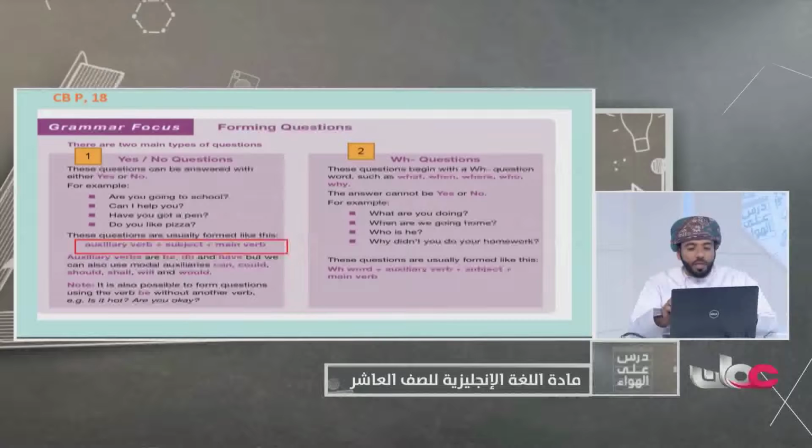Look at the beginning of these words. They start with what? With the letters WH: WH in what, WH in when, in where, and who, and why. They start with WH, and that's why they are called WH questions.